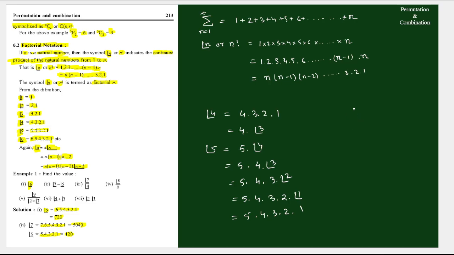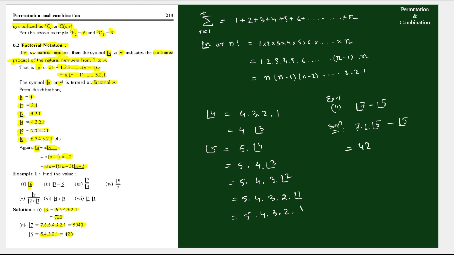Example D: factorial 7 minus factorial 5. We can take common. Factorial 7 means 7 into 6 into factorial 5. We can write it in this way. Factorial 5 can be taken common. 7 into 6 is 42.